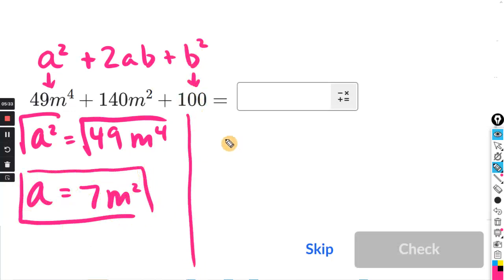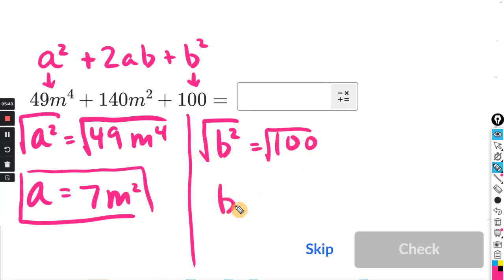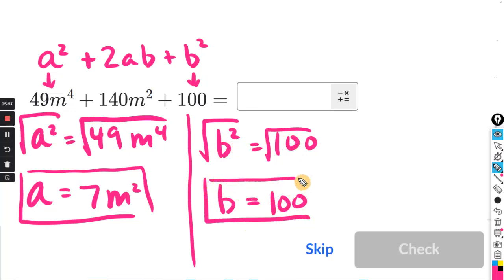Associating b squared with 100. The opposite of squaring something is to take the square root of both sides, and b equals 100. Okay, you don't worry about plus minus here. You just keep the positive. All right, so this right here we said at the beginning equals a plus b quantity squared.